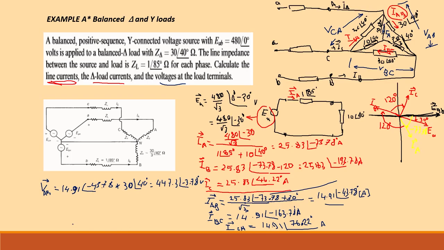This is the voltage between A and B. The voltage between B and C, these are symmetrical voltages, so the magnitude is the same, 447.3, and there is a displacement between them equal to 120 degrees.